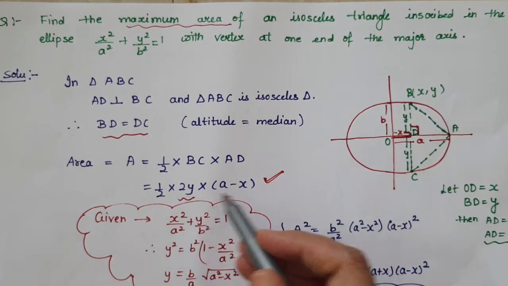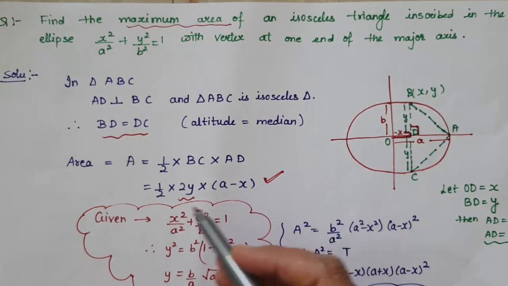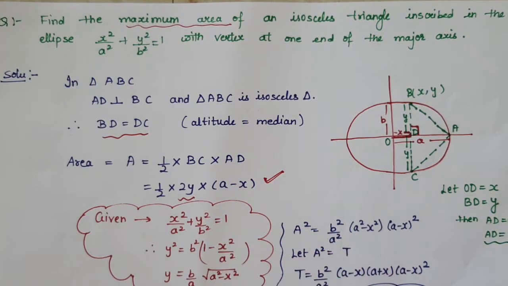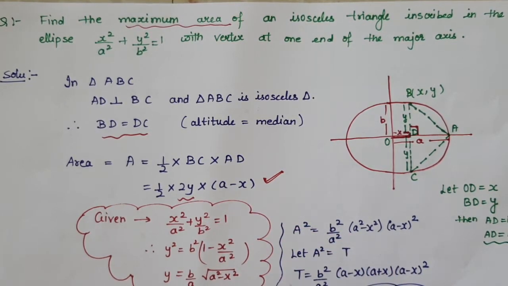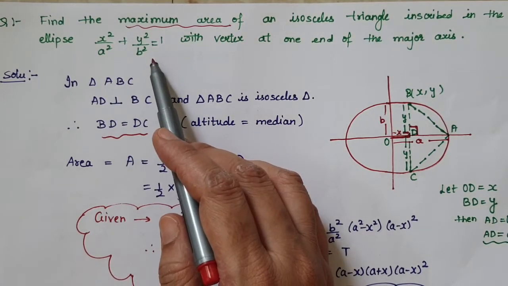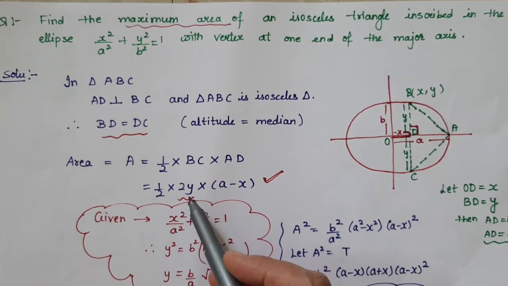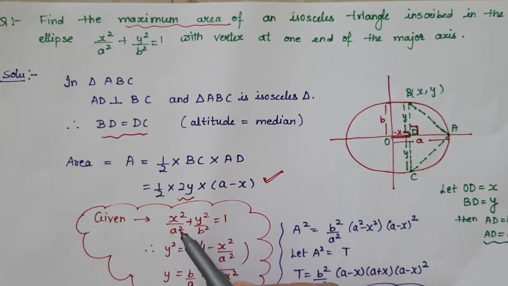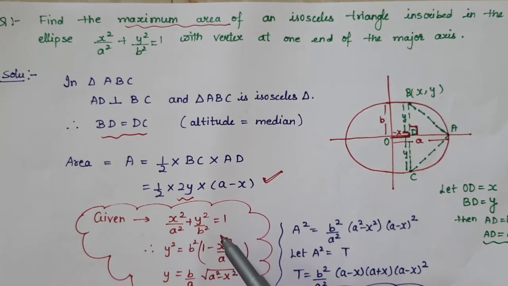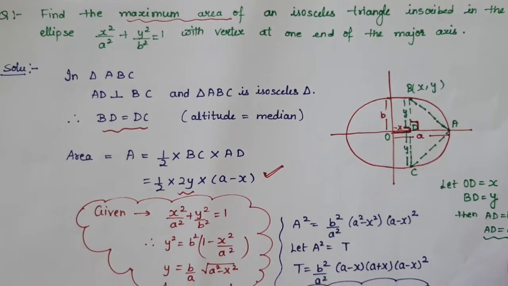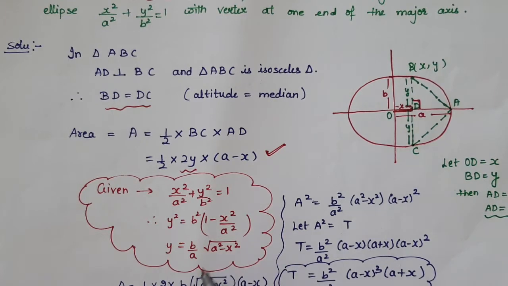Now since x and y both are variables, I will try to convert them into a single variable. How can I do that? Take the help of the equation of the ellipse and try to write either y or x in terms of the other. So here I have written y in terms of x by simplifying my equation of ellipse. The value of y is coming out to be b by a root of a square minus x square.